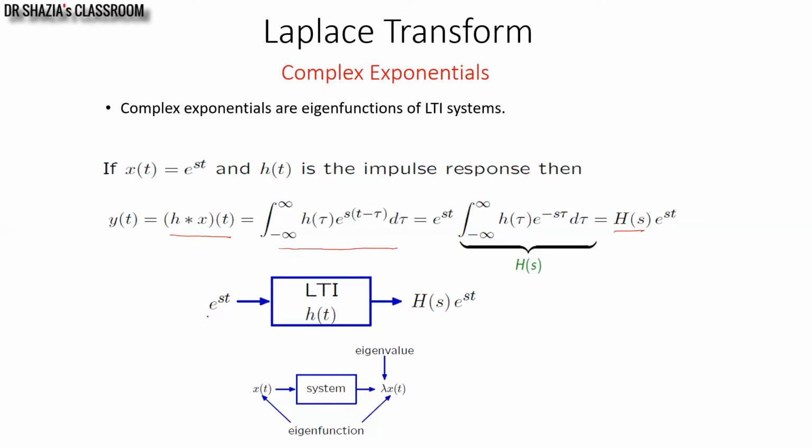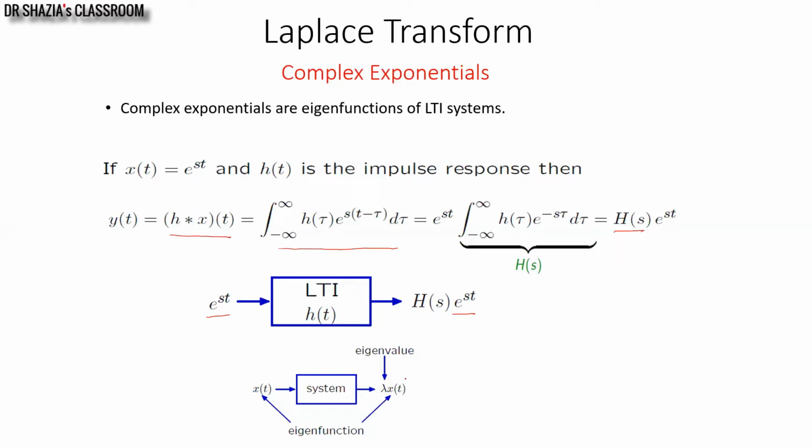When a complex exponential passes through an LTI system, the response is h of s e to the power st, where h of s is considered the eigenvalue. That is why the complex exponential is considered the eigenfunction of an LTI system.